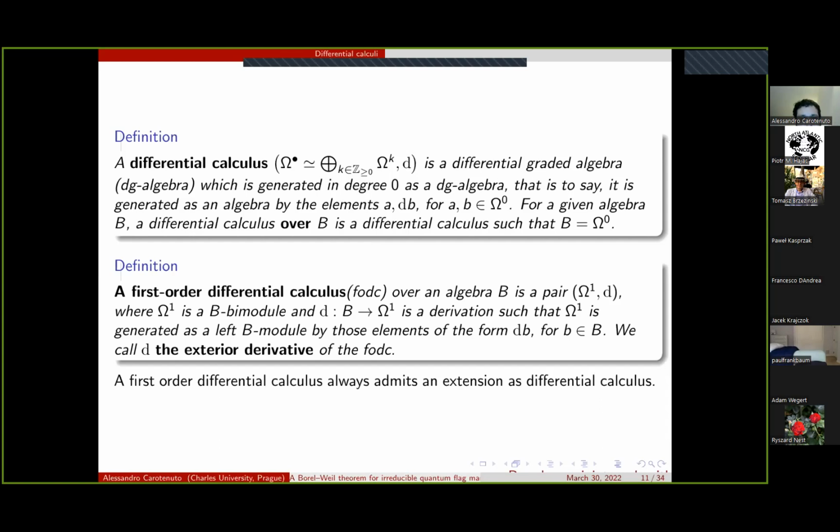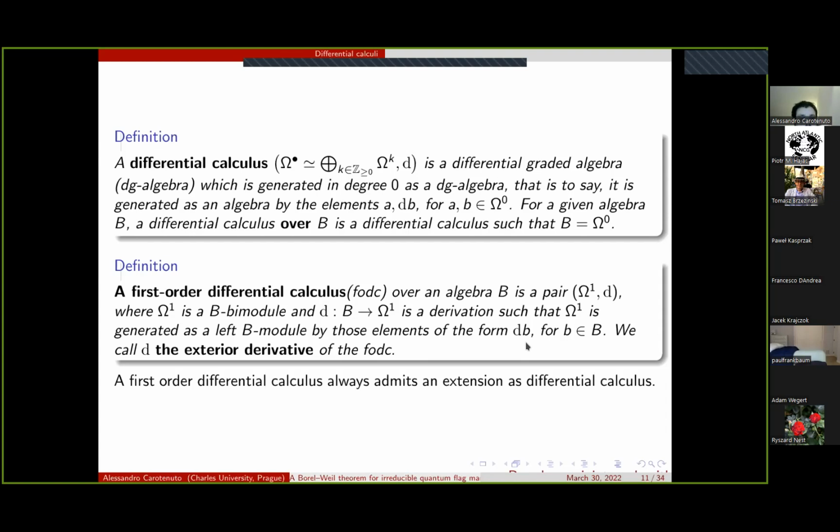And now we will mostly deal with first order differential calculi. That is, we just need the first two, Omega^0 and Omega^1. So let me define a first order differential calculus over an algebra B as a pair (Omega^1, d), where Omega^1 is a B-bimodule, and d from B into Omega^1 is a derivation such that Omega^1 is generated as a left module by elements of the form db.